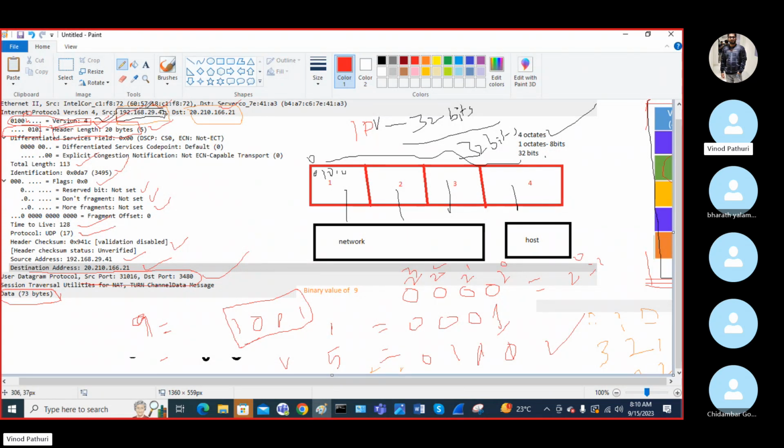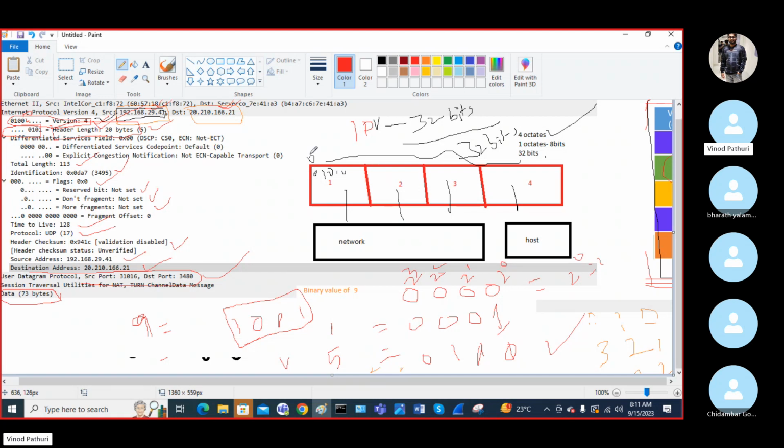So here you are seeing 192.168.29.41. What is that actually? And what is 22.110.166.21? Now we will look into them.